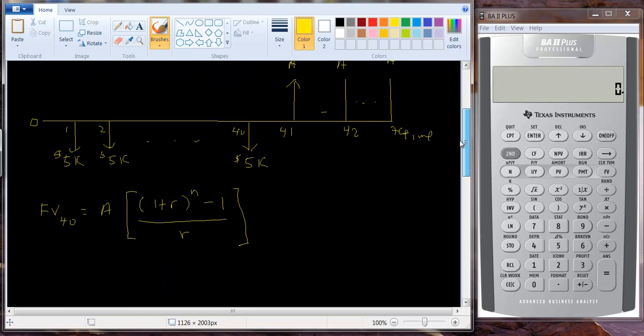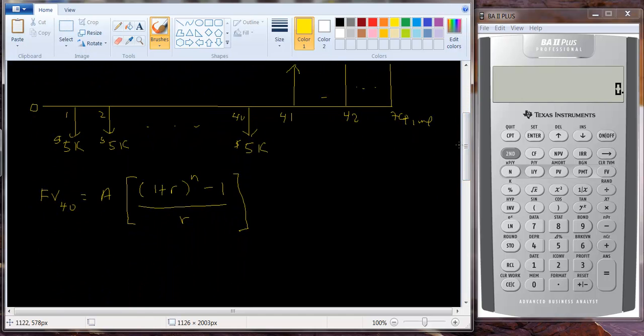All right, so let's see what we have here. We know what the annuity is. The annuity is 5,000, and we can again punch into this factor here. So this is going to be what? 1.10 raised to the 40th power minus 1 divided by 0.10. All right, so let's see what we get.